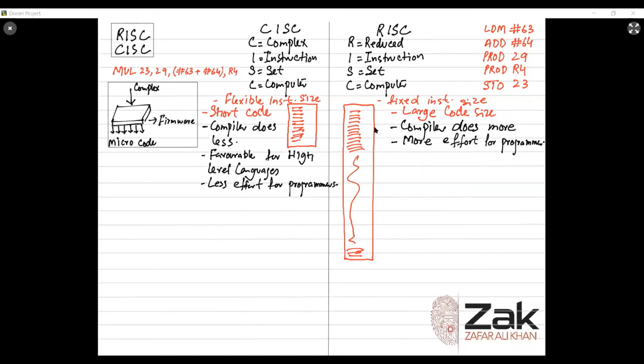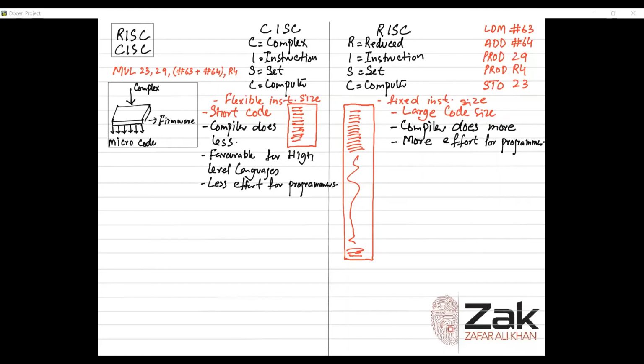We also discussed it. Over here the compiler does less, because all the compiler does is convert this complex instruction to the binary form, which is still complex. Then the processor, every processor has got a firmware. Now what is a firmware?